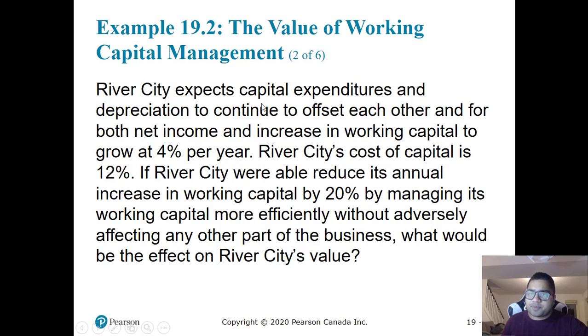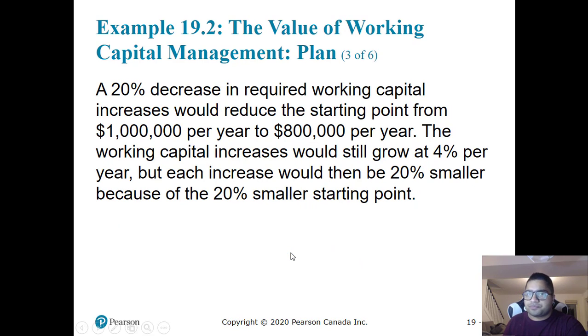Now, River City expects the capital expenditure and depreciation to continue to offset each other, and for both net income and increase in working capital to grow at 4%. River City's cost of capital is 12%. If River City were able to reduce its annual working capital increase by 20% by managing its working capital more effectively, without adversely affecting any part of the business, what would be the effect on the firm's value?